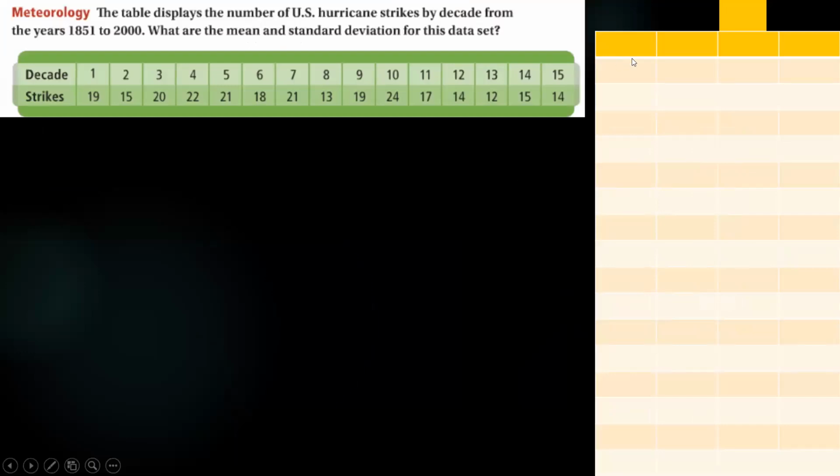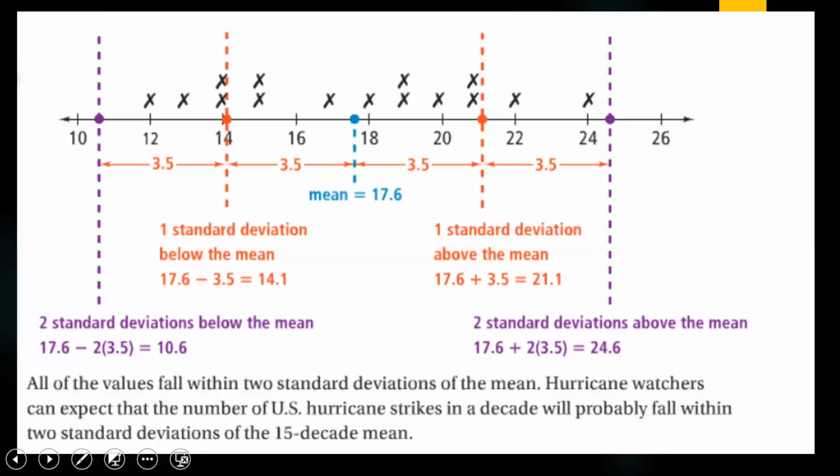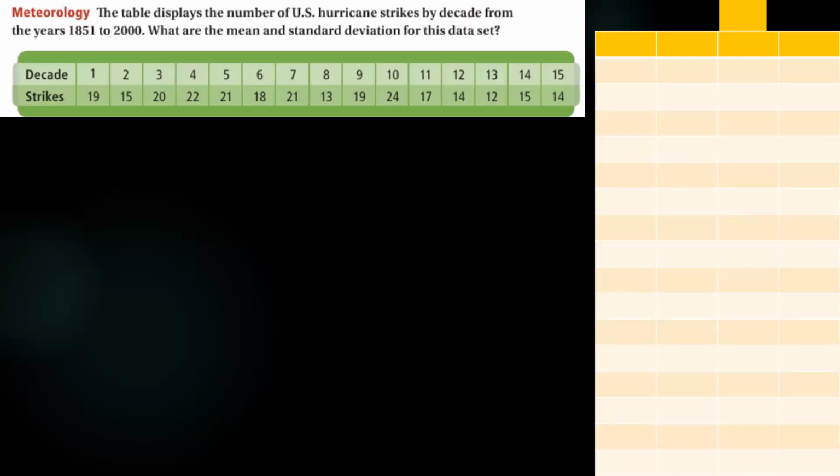So let's have here the x values, here x bar, here x minus x bar, and here x minus x bar squared.